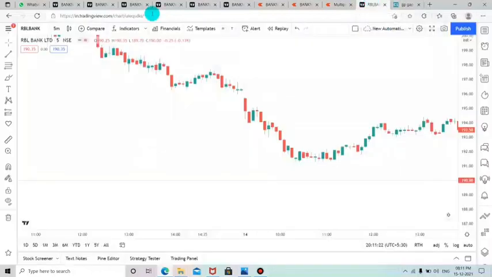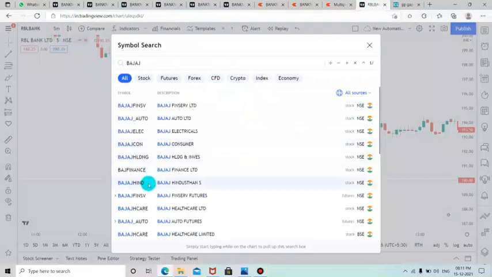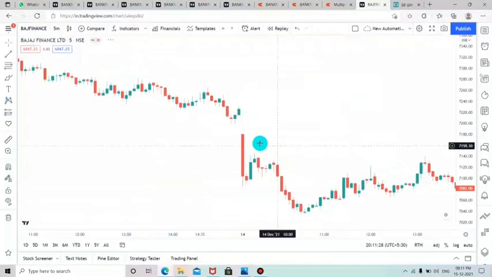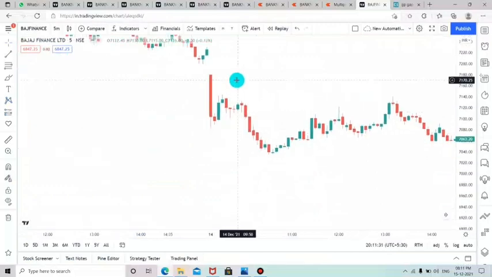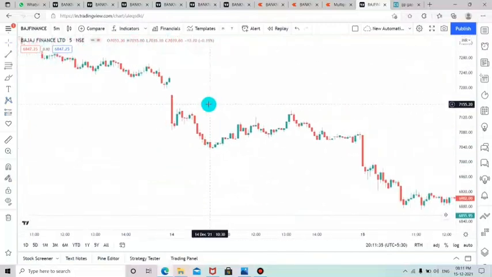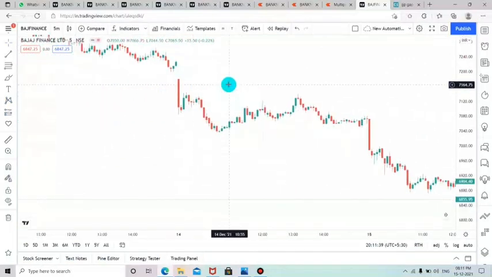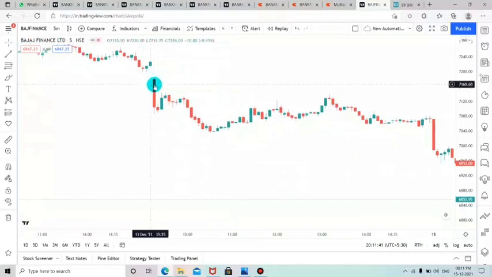So let us see Bajaj Finance. Bajaj Finance has given a big move in the 9:15 candle itself, and only one condition I have not set. For this strategy you need to wait for the first candle to be confirmed, and we need to punch the order at the first candle low, then only the confirmation happens.